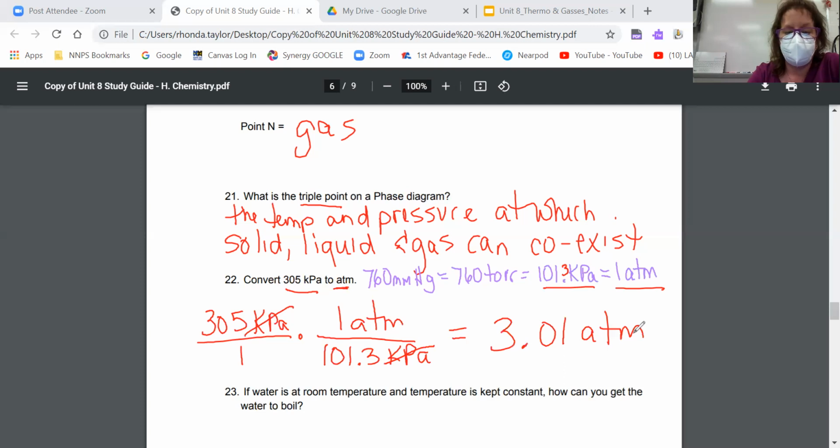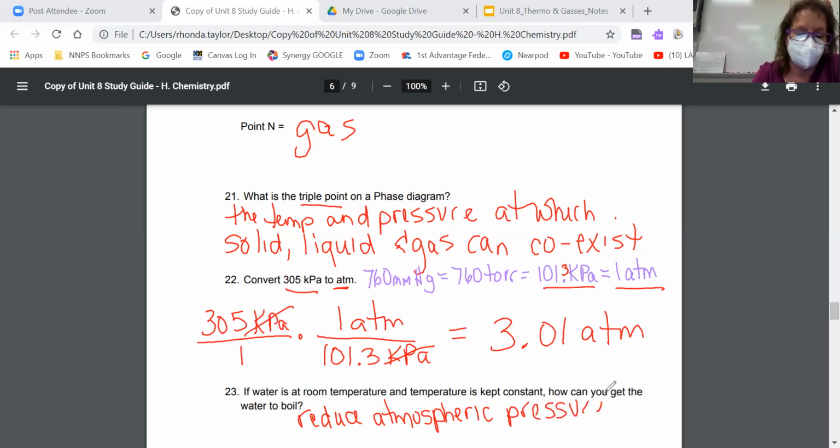All right, now we did a lot of looking at pressure. We looked at the bell jar experiment. You saw where we sucked out the air and created a vacuum around the beaker of water. We were reducing the pressure, and we didn't change the temperature at all. So when we reduced the atmospheric pressure and kept the temperature constant, we got that water to boil.